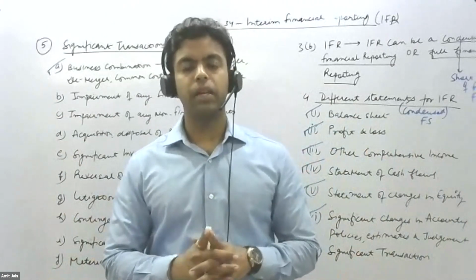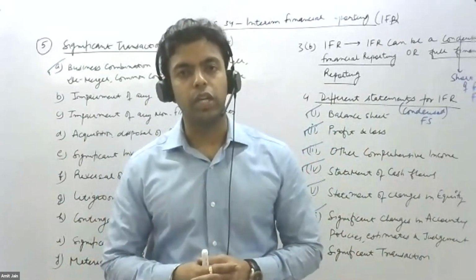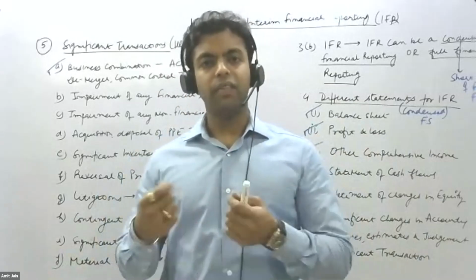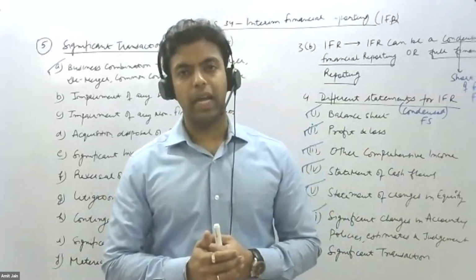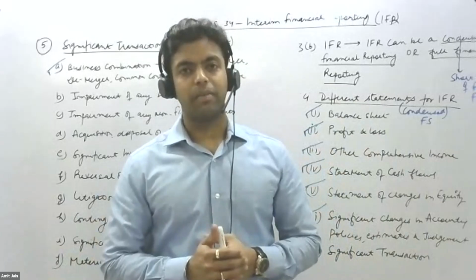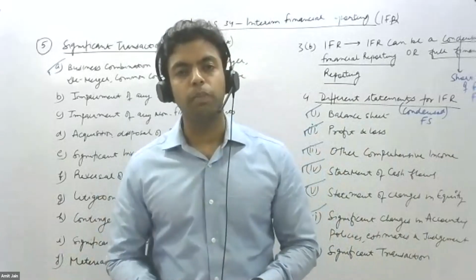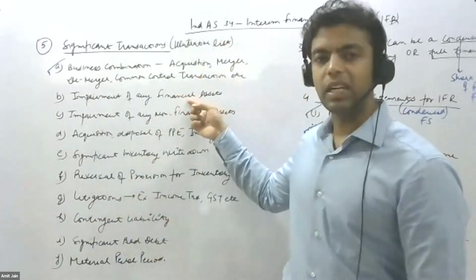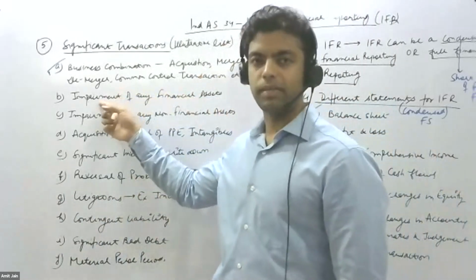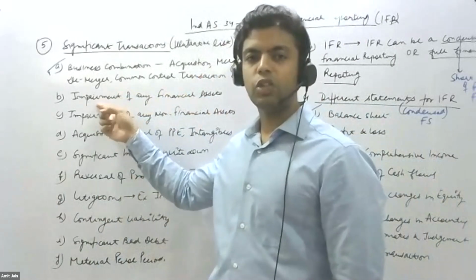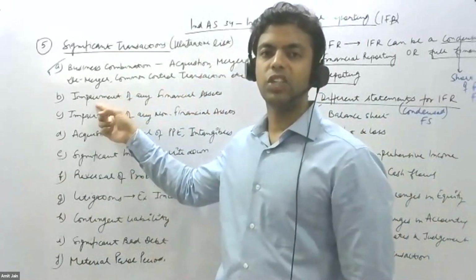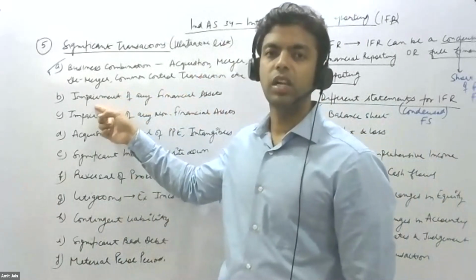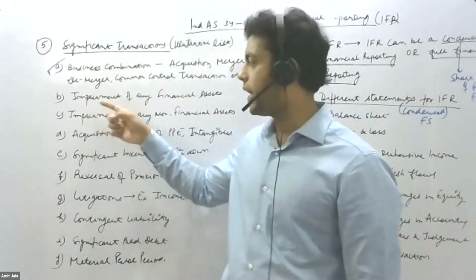Examples: trade receivable, security deposit receivable, a loan which is refundable in cash, investment in debentures, investment in bonds. Those are financial assets. So if there is an impairment of a financial asset, that disclosure needs to be made in the interim financial statement itself, right?